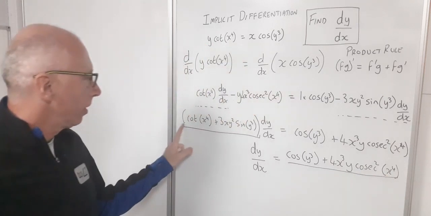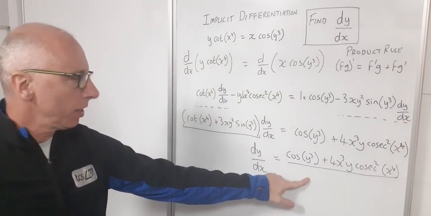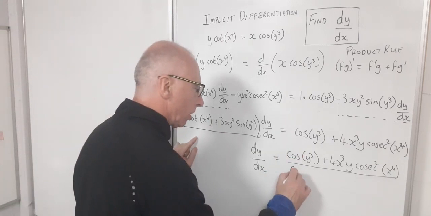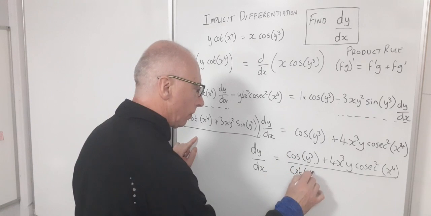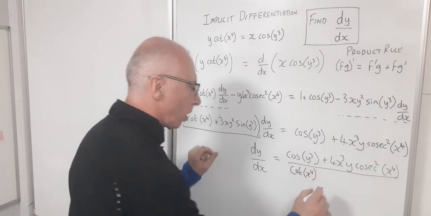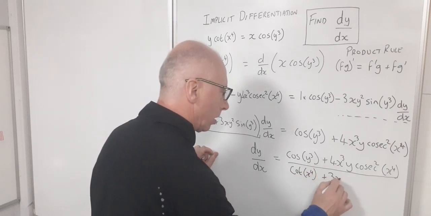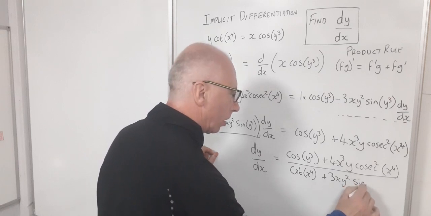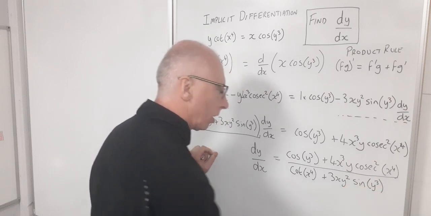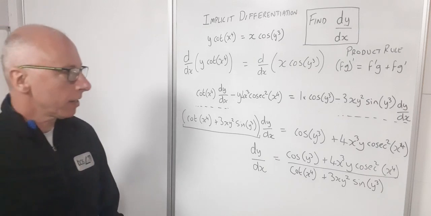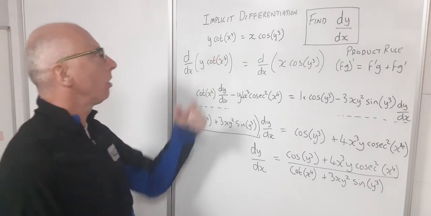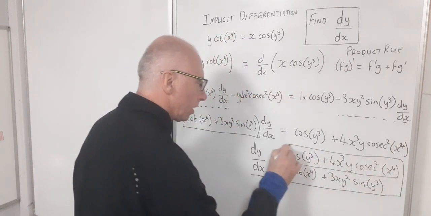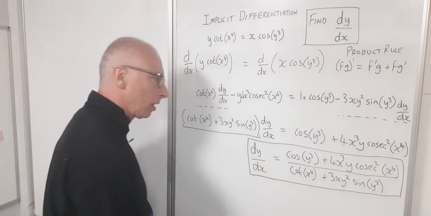And then this one will then go on the denominator, as I'm going to divide this side by that. So I've now got cotangent x to the 4 plus 3xy squared sine y cubed. And that takes care of the result of my implicit differentiation of finding dy dx.